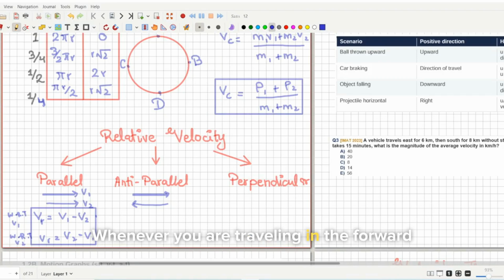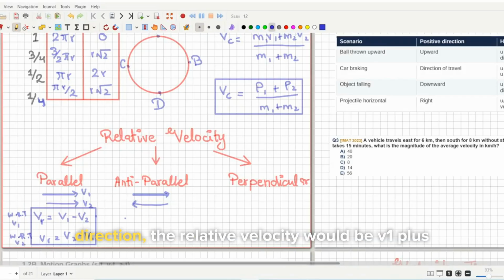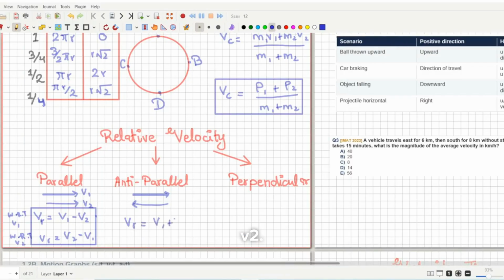Whenever you are traveling in the forward direction and something moves in the opposite direction, you feel like, wow, that was so fast. No, the car or the bike that just crossed you was not fast. It was your perception. It was because of relative velocity that you felt it was really fast. So because they were moving in an anti-parallel direction, the relative velocity would be v1 plus v2.